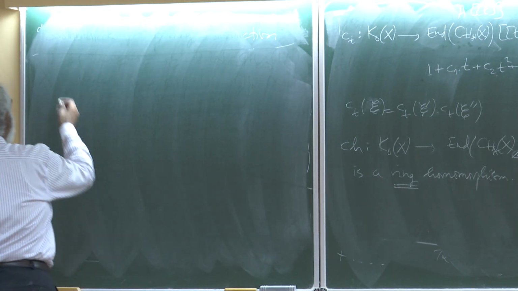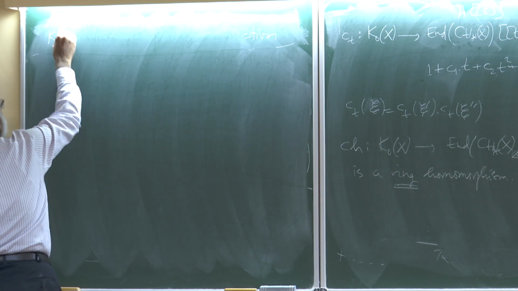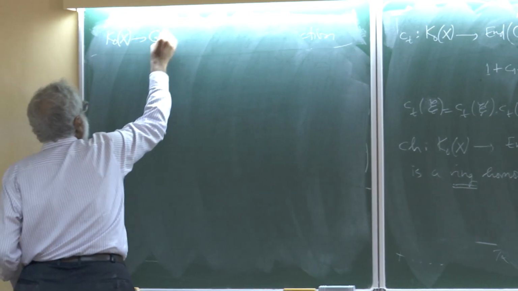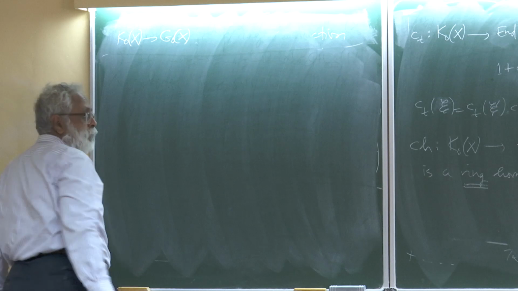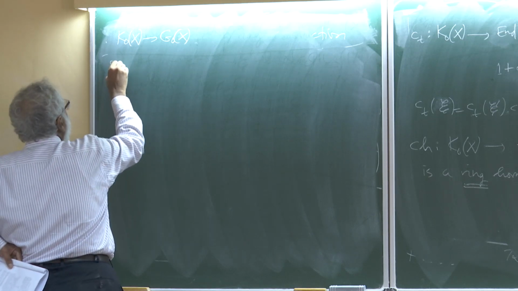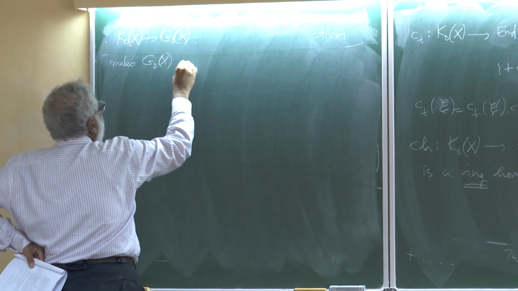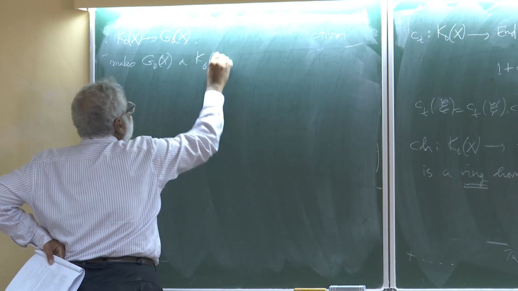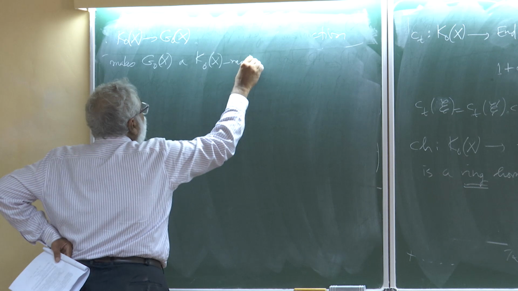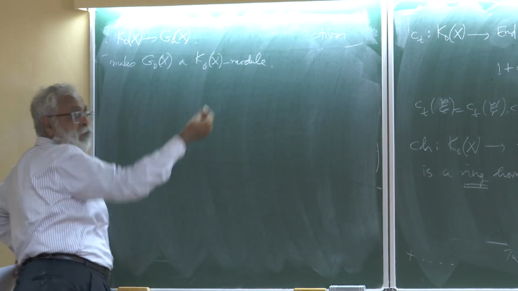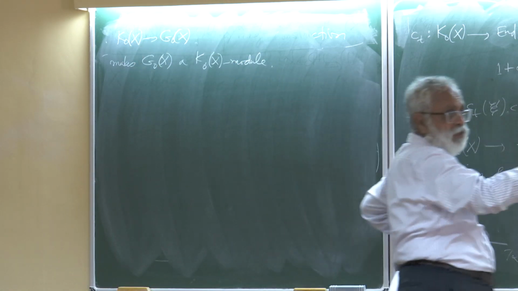There is a natural map K0 X to G0 X. And this makes G0 X a K0 X module. The map is just: take a vector bundle, think of it as a coherent sheaf, and it has a class in both places.